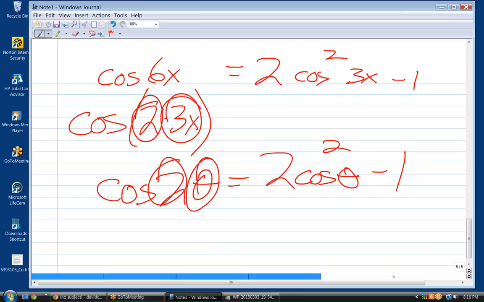So when I use the double angle identity, I get 2 cosine squared of theta, which is 3x, minus 1. So you can prove this identity by just turning 6x into 2 times 3x and then use the double angle identity. Did you follow me on that? Yeah. Okay.